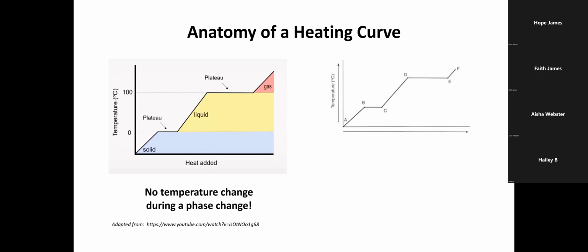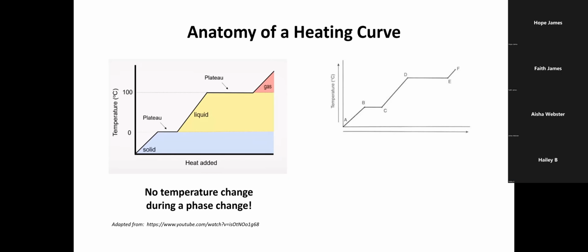On your problem set for this weekend, you're going to have just a random sort of sample heating curve, kind of like the one over there on the right, and you'll be asked to figure out some data from just looking at that graph. So you should be able to figure out what the melting point and the boiling point are, right?